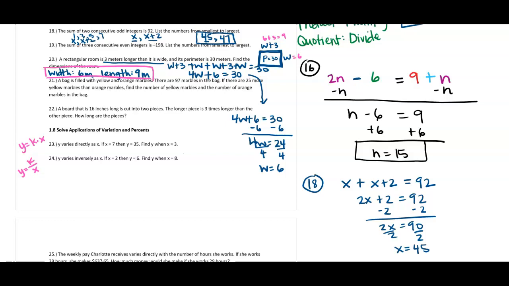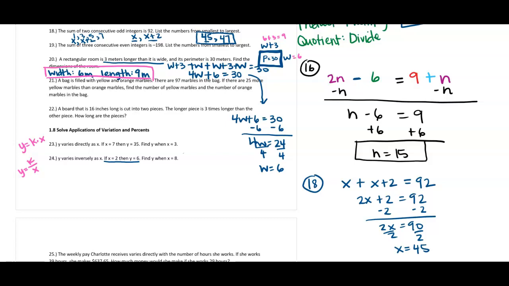So let's maybe do 24. y varies inversely as x. If x equals 2, then y equals 6. So I'm going to just use this first part here and solve for k. Let's put that in there.